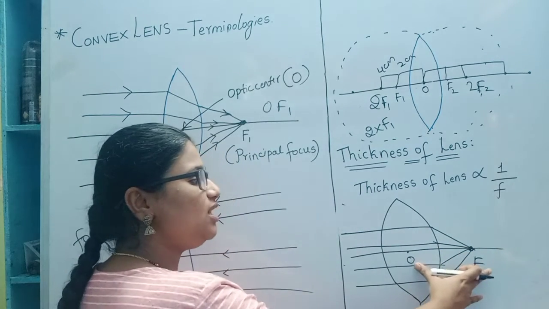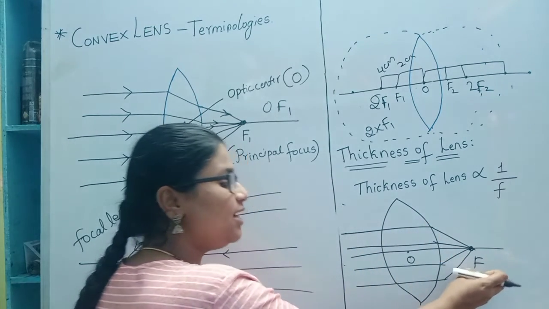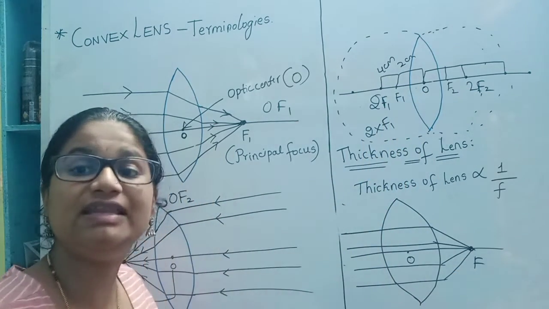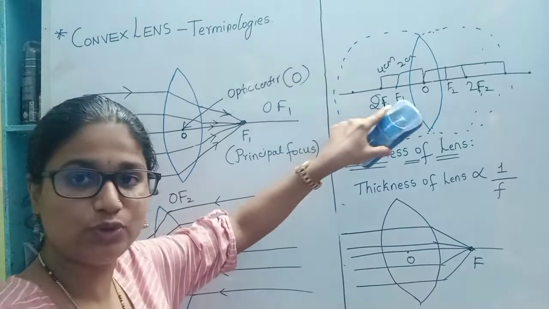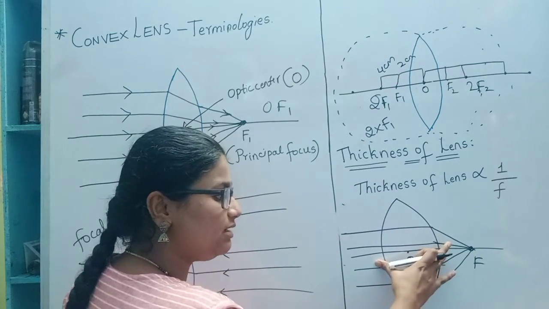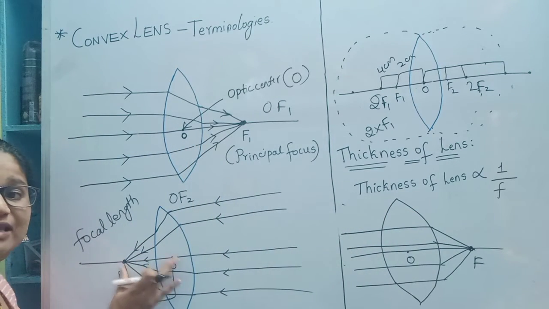But the focal length of a thick lens will be shorter compared to the focal length of a thin lens. This is a rough diagram, don't take this as exact. The focal length of a thick lens will be shorter than the focal length of a thin lens.